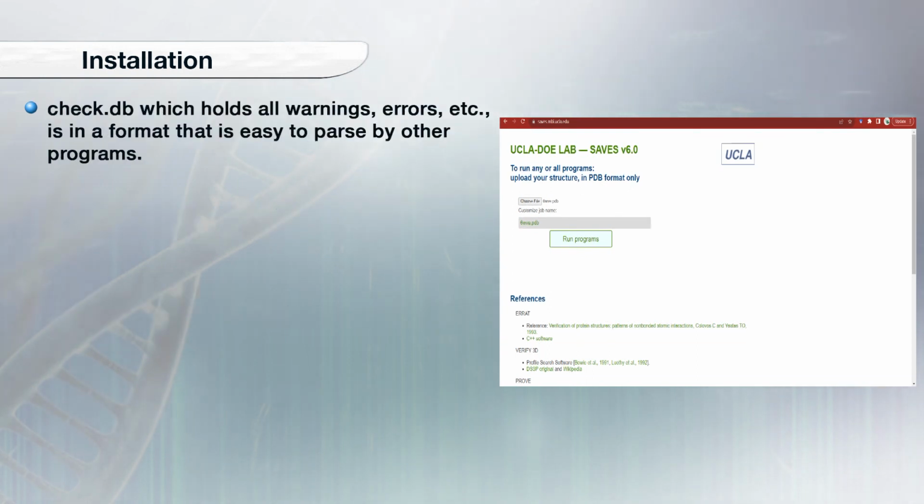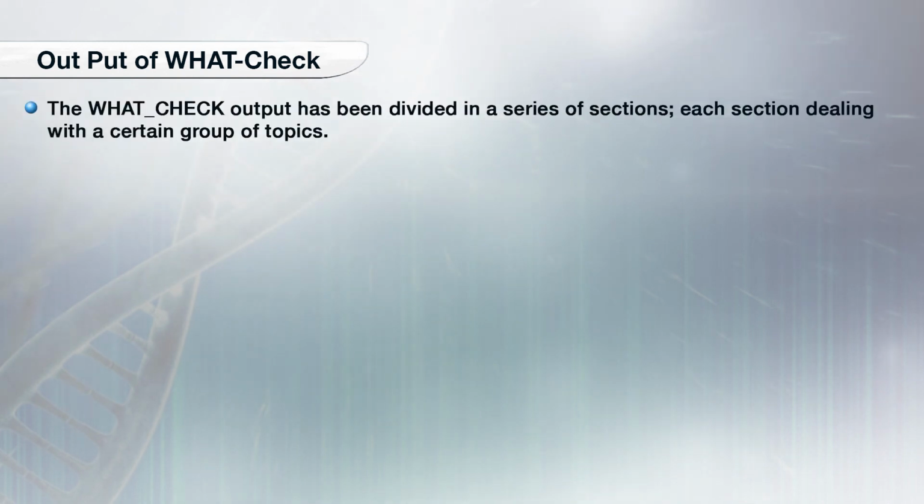The third one will be the check.db file, which holds all the warnings, errors, etc. It is in a format that is easy to parse by other programs. So, let us now see the output of WHAT IF in different sections. WHAT IF output has been divided into a series of sections, each section dealing with a certain group of topics.